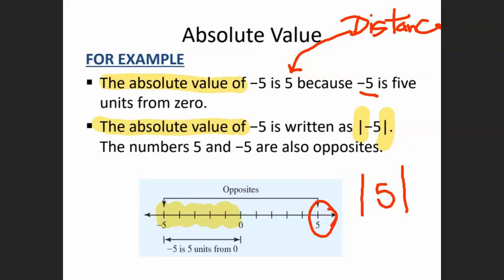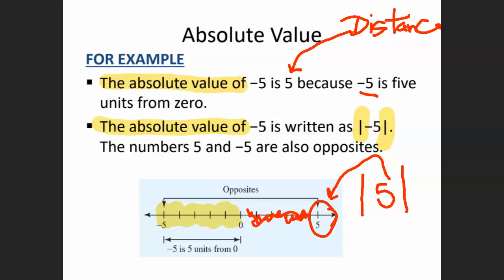Now this 5 is right here. It is 5 units from 0. Now, you've been introduced to some vocabulary, the words the opposite of, and the word absolute value.